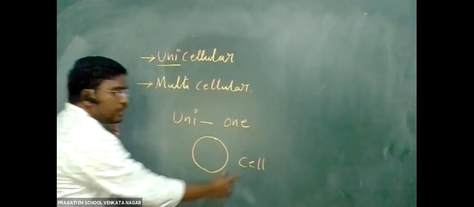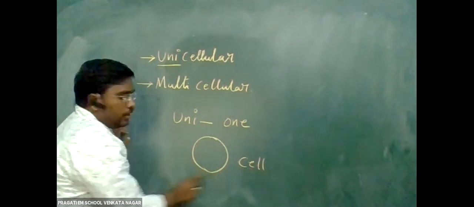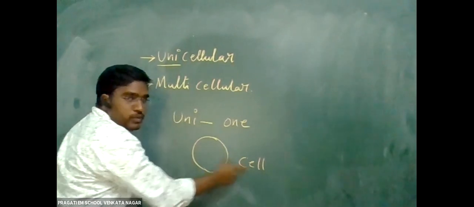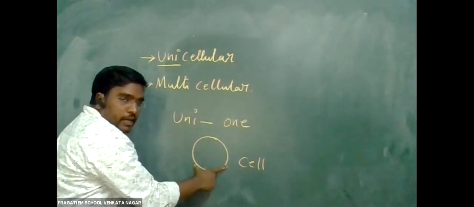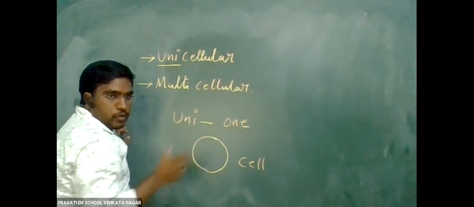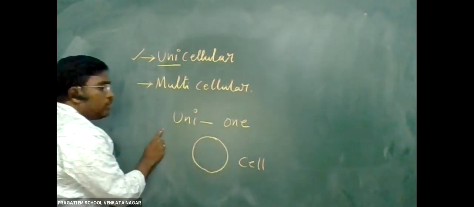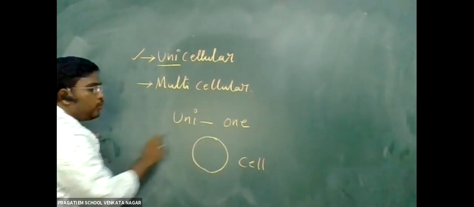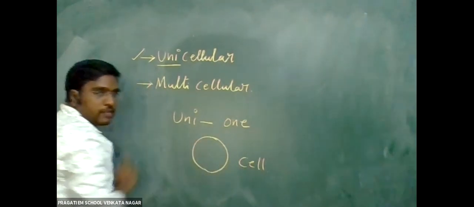Every organism is composed of cells. So the organism which has a single cell, we generally call a unicellular organism.